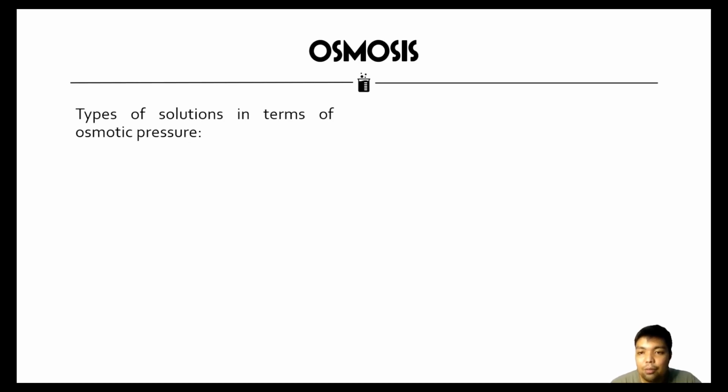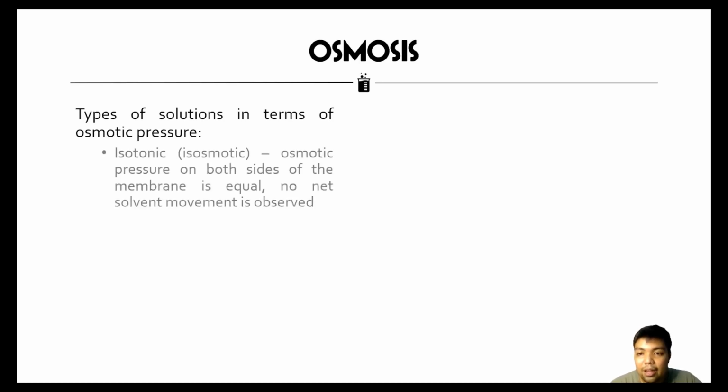So the first category is your isotonic or isosmotic solution. An isotonic or isosmotic solution will have an osmotic pressure equal to the osmotic pressure of the solution on the other side of the semi-permeable membrane.